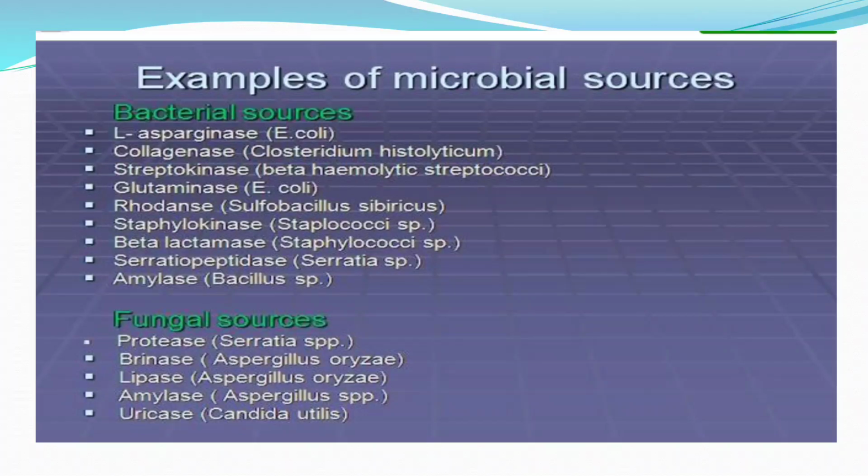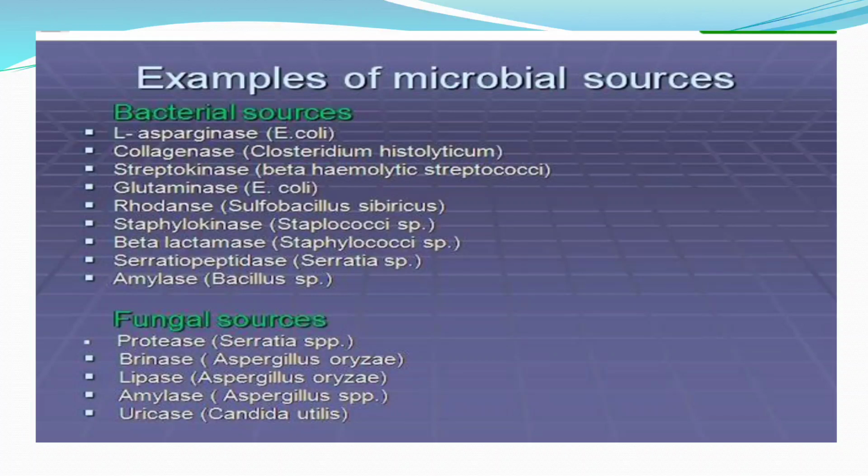Bacteria and fungi are used: L-asparaginase, extracted from E. coli; collagenase, from Clostridium histolyticum; streptokinase, from beta hemolytic streptococci; glutaminase, from E. coli; rhodanese, from Sulfobacillus sibiricus; staphylokinase, from Staphylococcus species; beta lactamase, from staphylococci; serrapeptidase, from Serratia species; and amylase, from Bacillus.